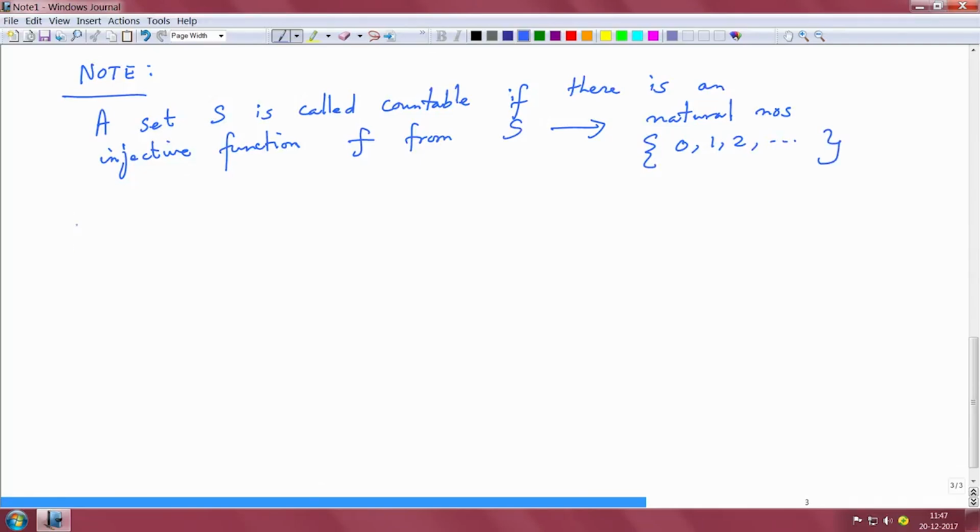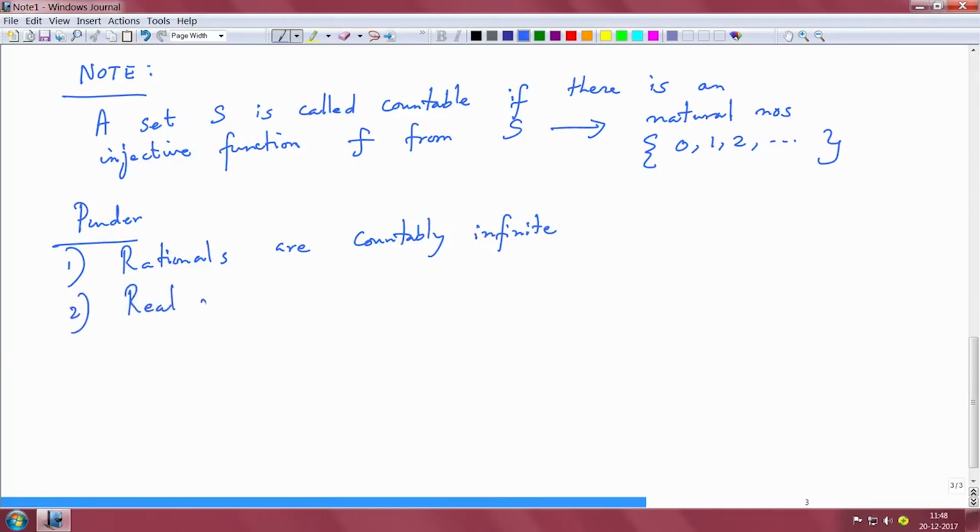So, I think you have to ponder some things here. The set of rational numbers is countably infinite, whereas the set of real numbers is uncountably infinite.